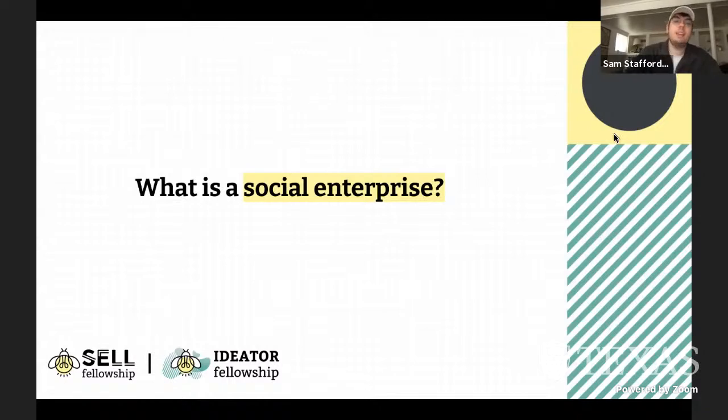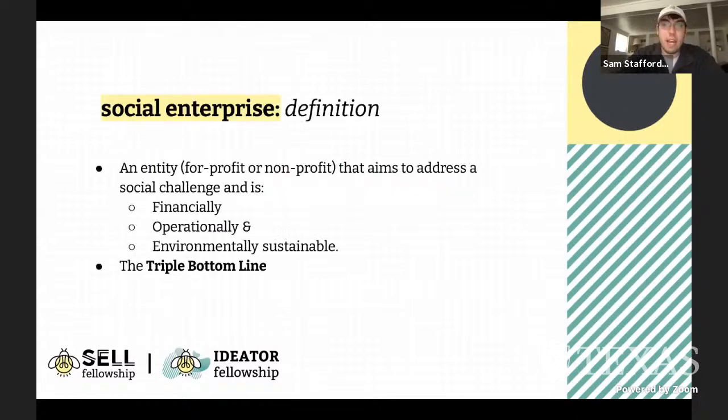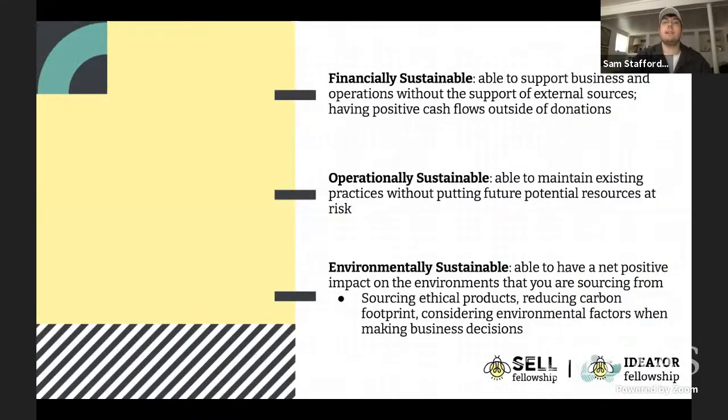So basically, a social enterprise is an entity that aims to address a social challenge. So it's using the tenets of social entrepreneurship in order to create change. And this is all based on something that I talked about earlier called the triple bottom line, right? So is it financially, operationally, and environmentally sustainable? And we'll talk a little bit more about that on the next slide.